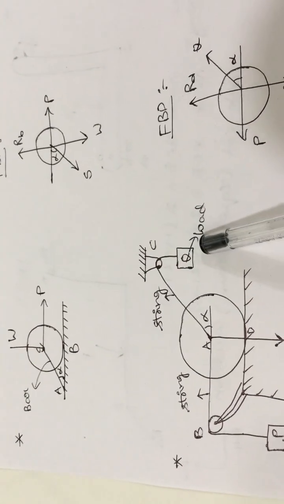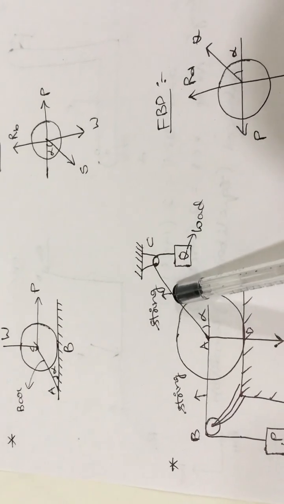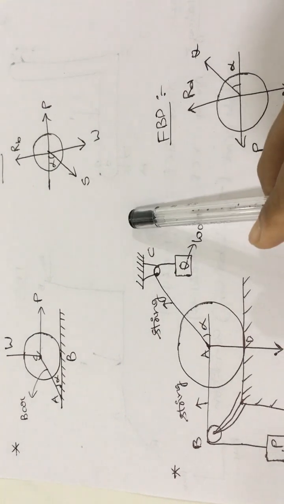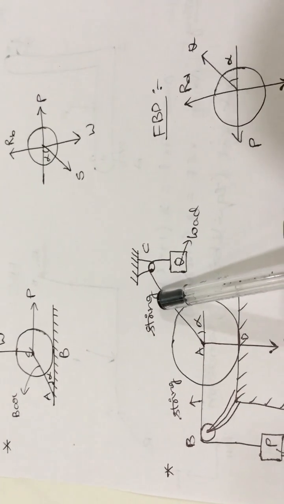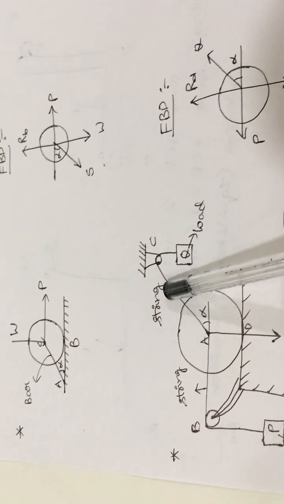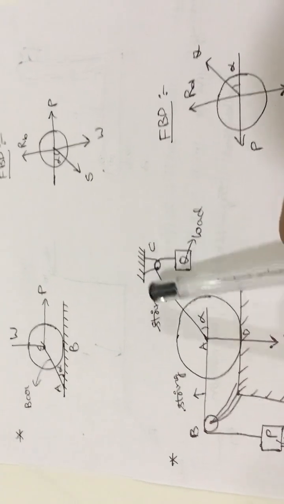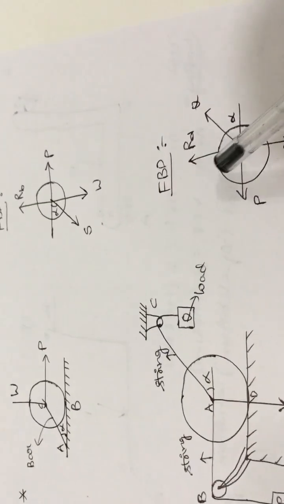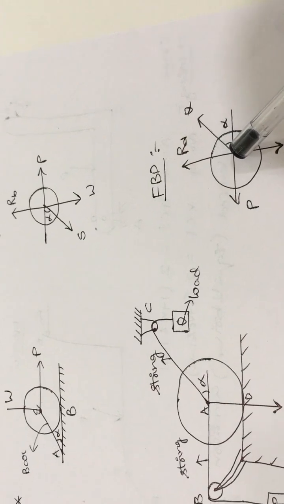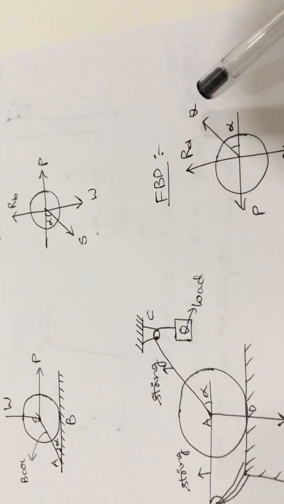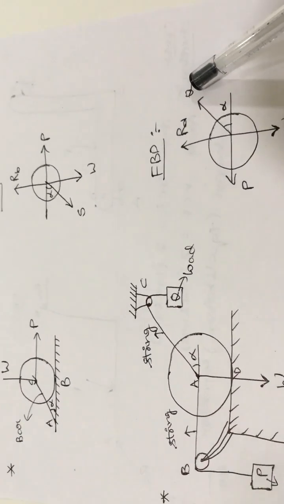If you remove this pulley and this string, you will get a tensional force acting away from the body, in the first quadrant. So you will get one reaction force, a tensional force in the first quadrant, which is nothing but the Q force.